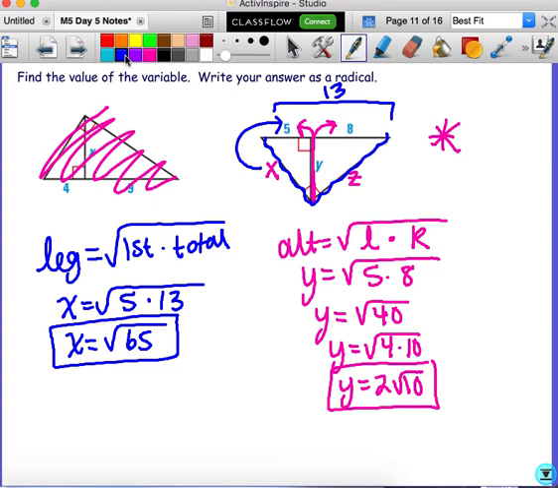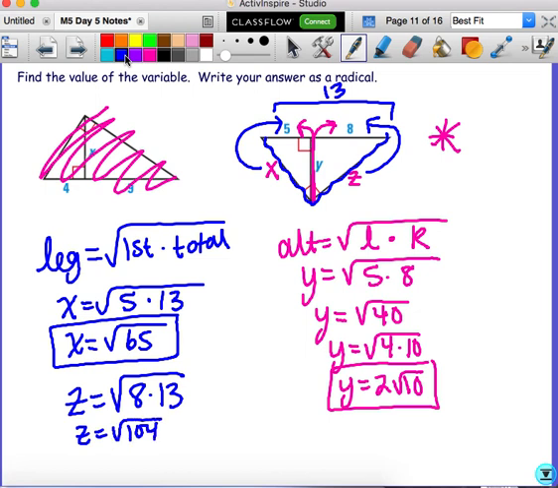And z is also one of the legs. So for z, as I round the corner, the first number I hit is 8. And the total is 13. 8 times 13 becomes 104. I know 104 is divisible by 4. So I'm going to rewrite that as the square root of 4 times 26.